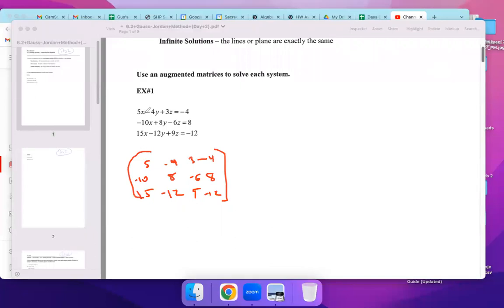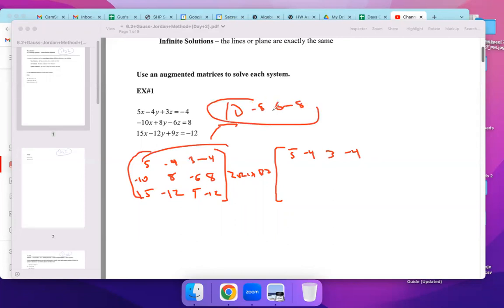If I do a 2r1 plus r2, here's what's going to happen. 2r1, of course, is going to be 10, -8, 6, and -8. If I add all that to the second row, everything's going to cancel, which is definitely a problem when everything cancels like that.